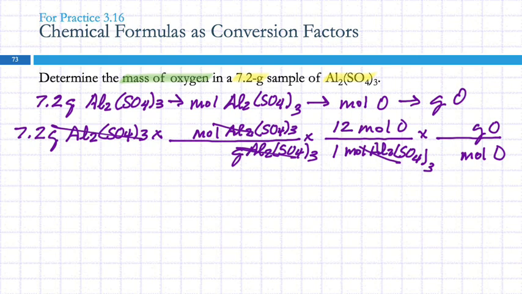The other 2 conversion factors are molar masses. The one for oxygen is pretty simple. We just look at the periodic table. 1 mole of oxygen is 16 grams. And then this one for the compound we have to calculate. And there's 3 sulfurs.